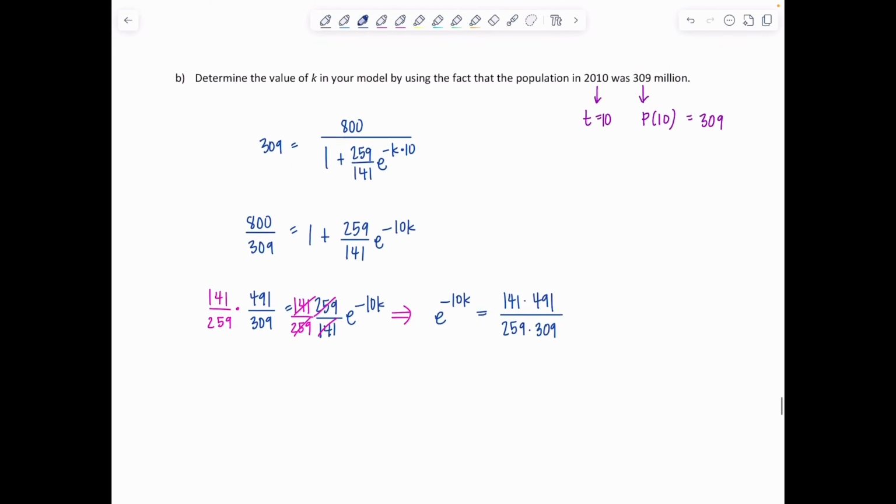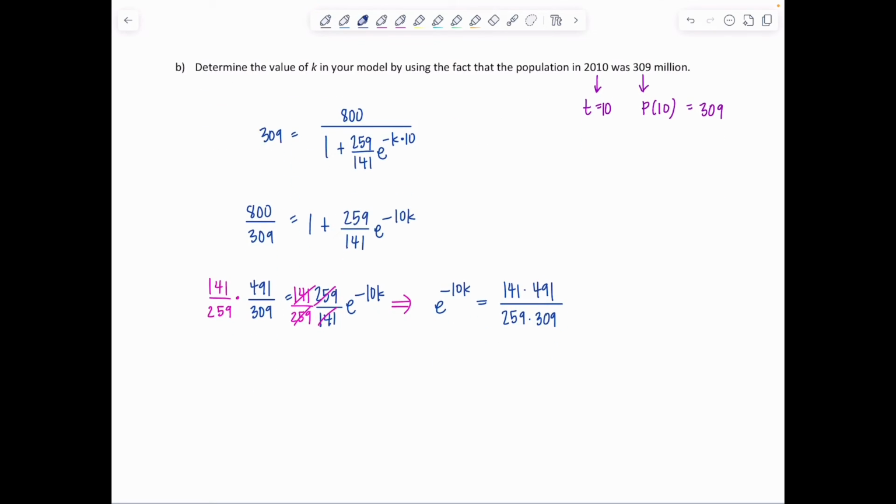Then we'll take the natural log of both sides. So then we have negative 10k equals natural log 141 times 491 over 259 times 309.